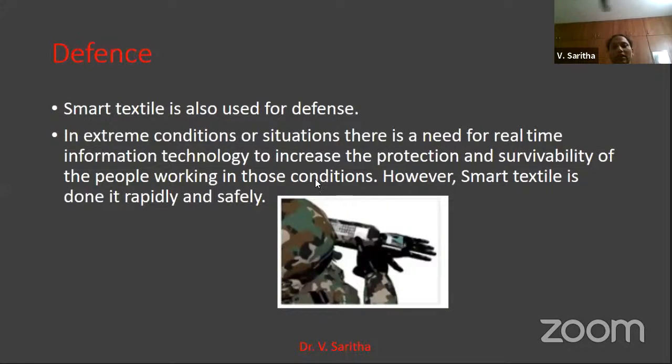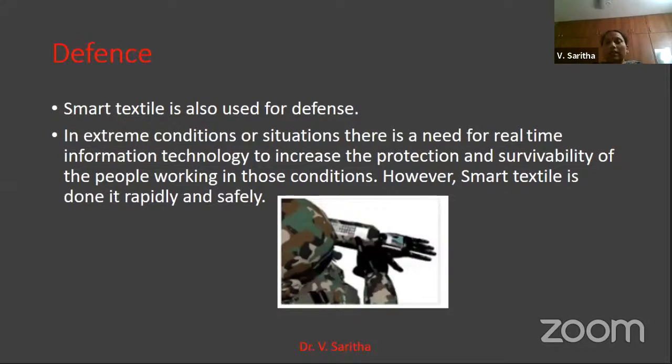Another one is in the case of defense; smart textile is also used for defense. In extreme conditions or situations, there is a need for real-time information technology to increase the protection and survivability of the people working in those conditions. Smart textile does it rapidly and safely. One application I would like to tell you here: when defense people are using this, they will be going to different locations that some people might not know.